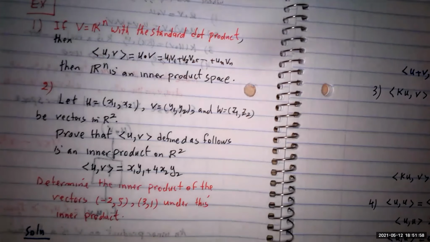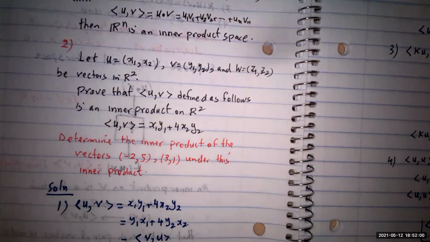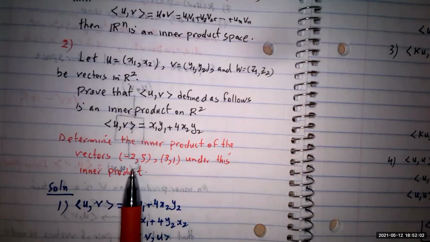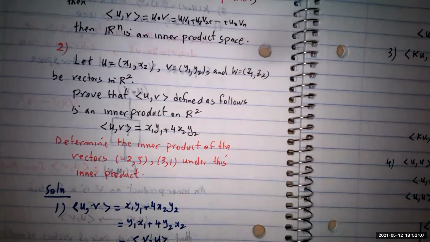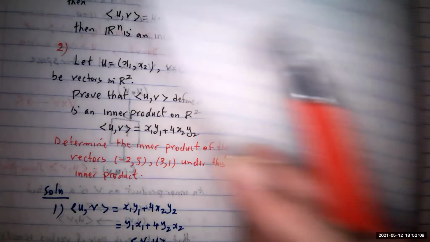Oh, I did have something else too. They usually ask you to test it. They want you to find the product of these two vectors, so you have to do it. We're not done.